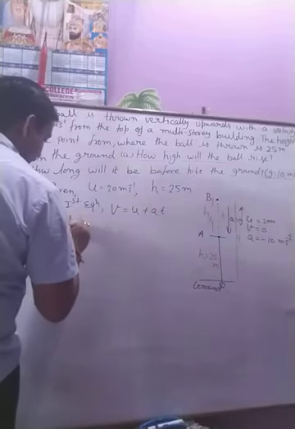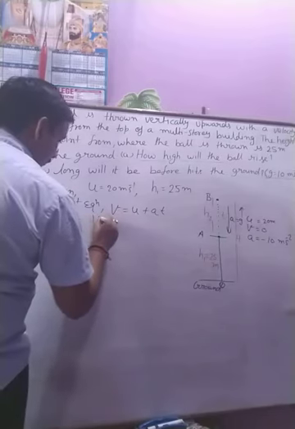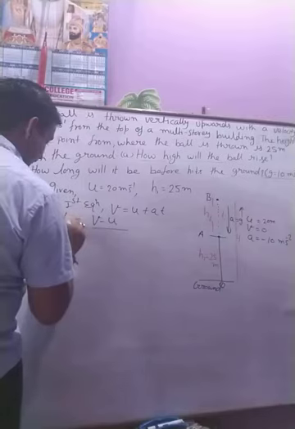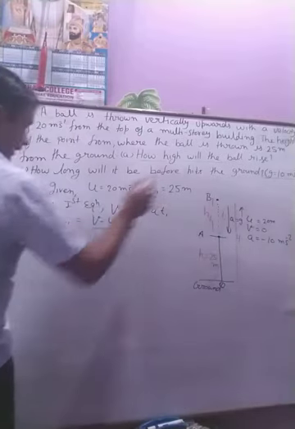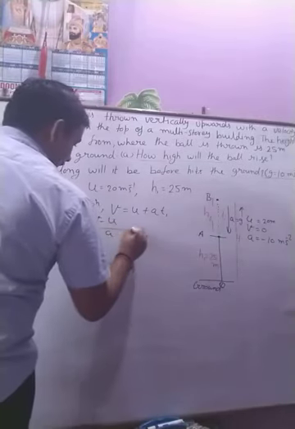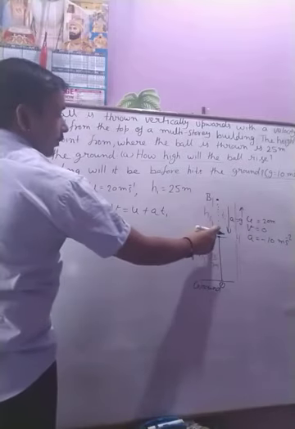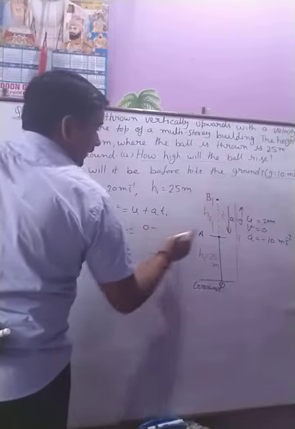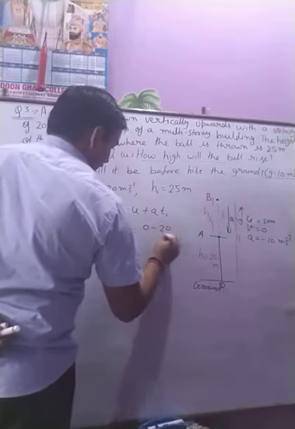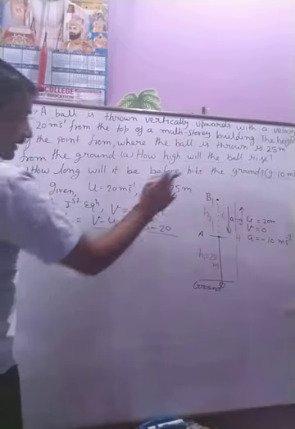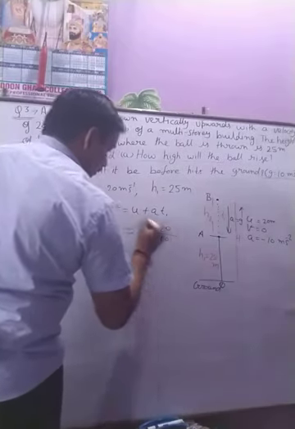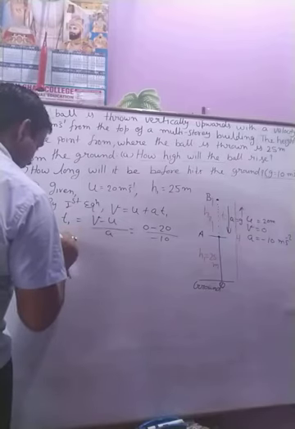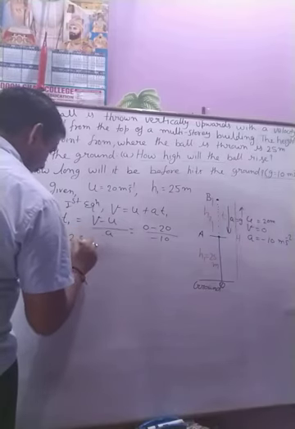Therefore a is equal to v minus u upon time, we need to calculate. We say t1, initial time is t1. So here we have v, when the ball reaches B, is 0 minus 20, and the acceleration working downward is also negative 10. Therefore t1 is 2 seconds.